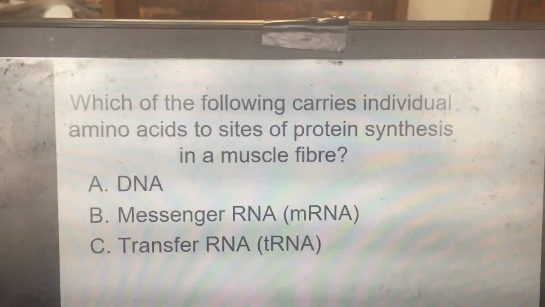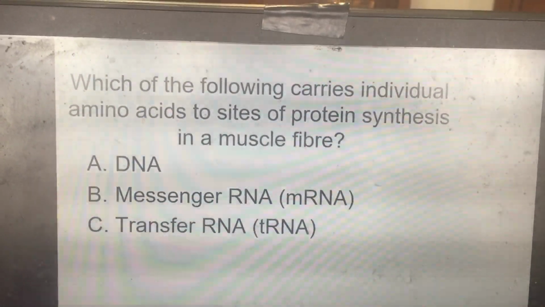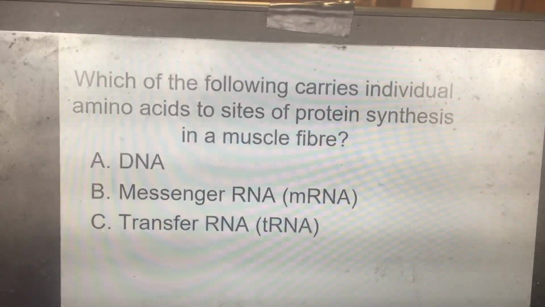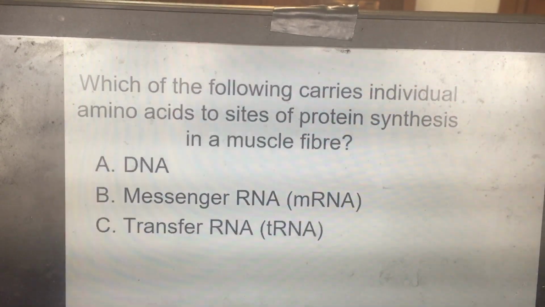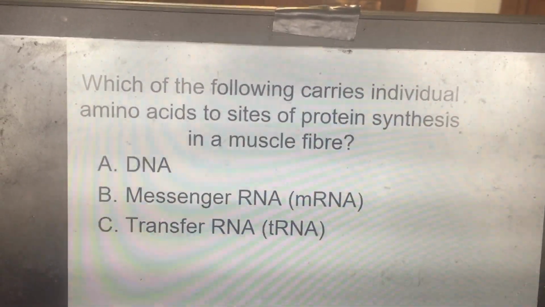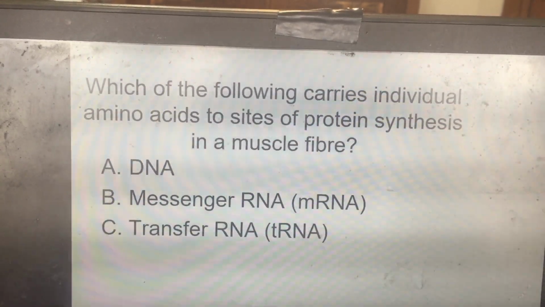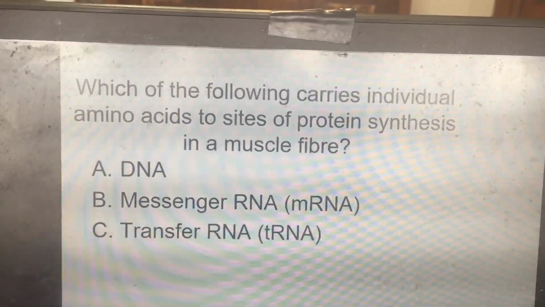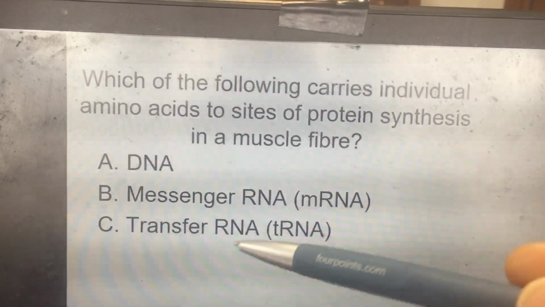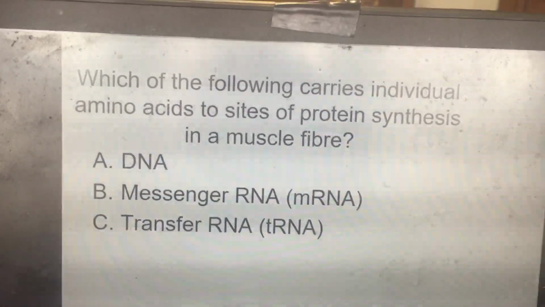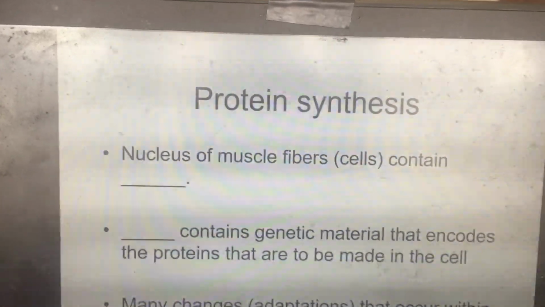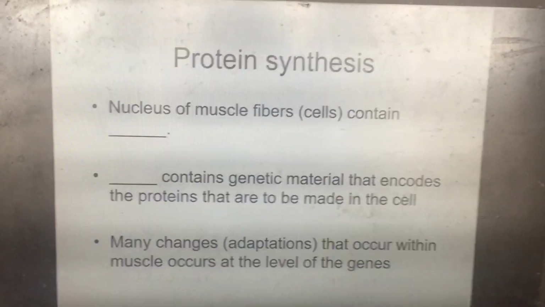Which of the following carries individual amino acids to sites of protein synthesis in a muscle fiber? So for your protein to be synthesized in your muscle, it needs amino acids that are the building blocks for protein. And the molecule that does that is transfer RNA. So if you're confused, I've got some more explanation here.